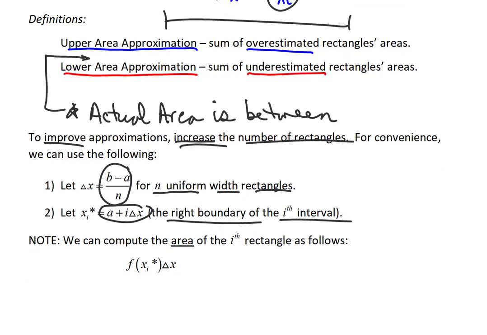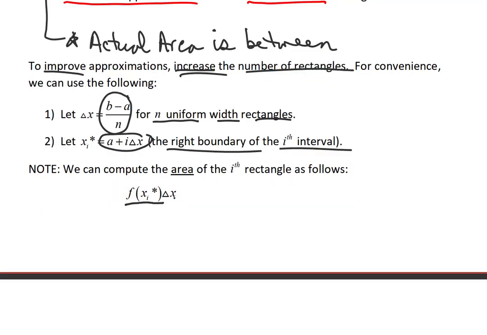Now, with that being the case, note that we can compute the area of the ith rectangle as follows. f of x sub i star would be the height of the rectangle, and then delta x would be the base, or you could say the width. The point is, in our picture, I'm just going to draw another simpler copy of it.